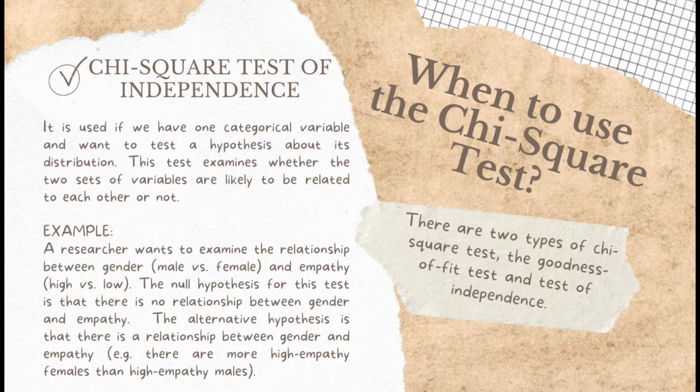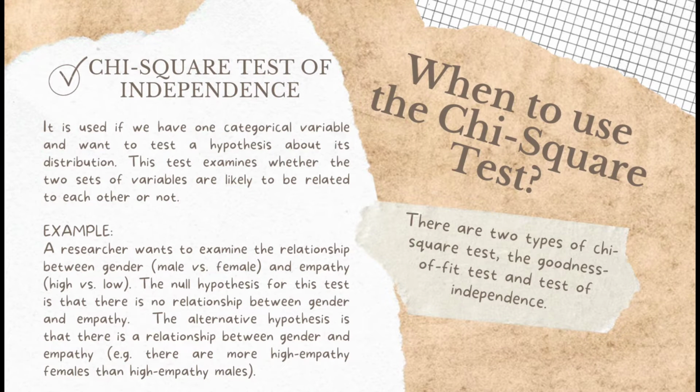For example, a researcher wants to examine the relationship between gender, male versus female, and empathy, which is high and low. The null hypothesis for this test is that there is no relationship between gender and empathy. And the alternative hypothesis is that there is a relationship between gender and empathy. For example, there are more high empathy females than high empathy males.